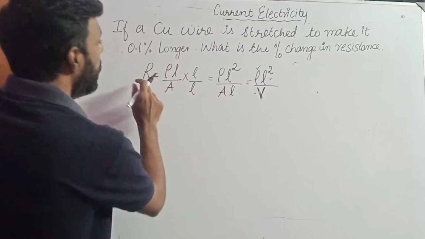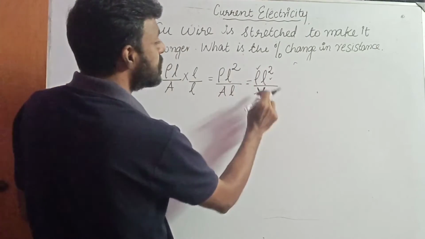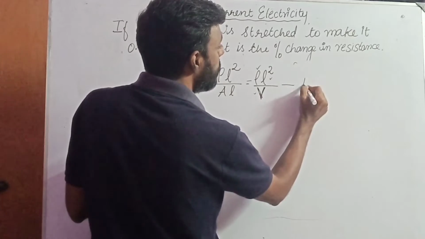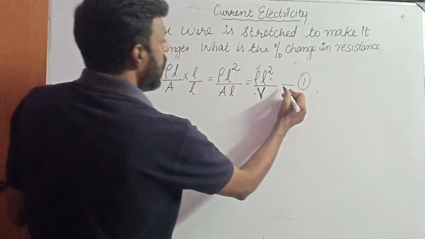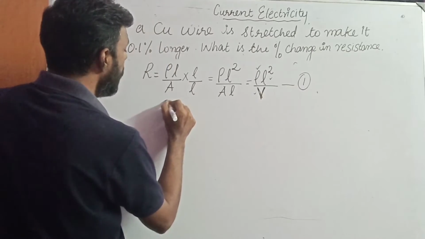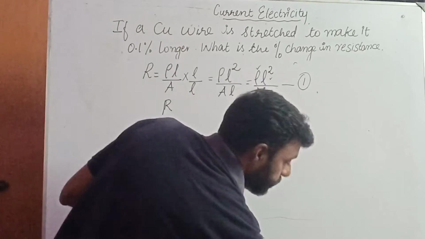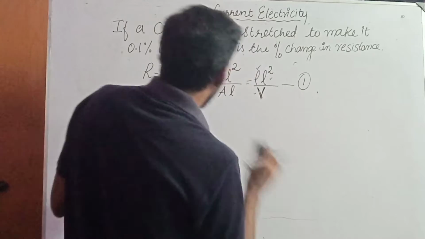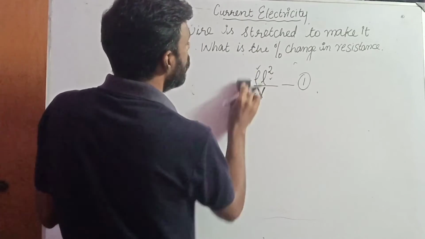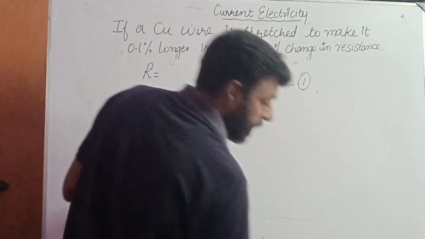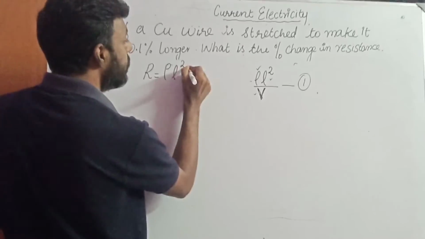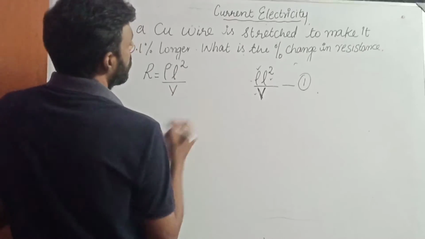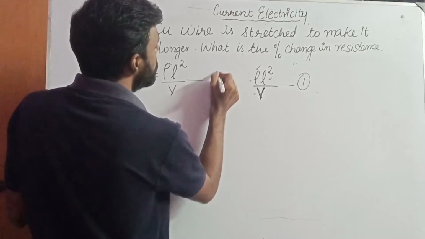So we have obtained R equal to rho into L squared divided by V, as equation number 1.